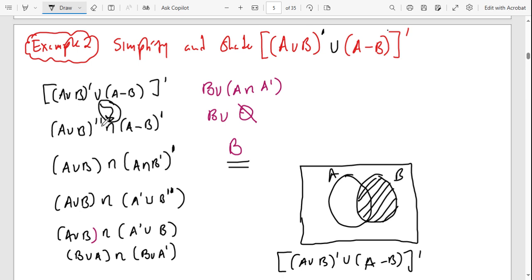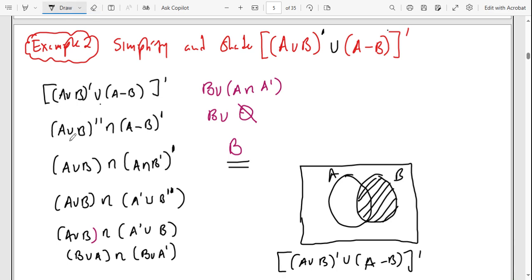Where exactly are you mentioning, sir? This one. That's okay. That's because we don't have any complement to distribute. Remember this, we had two complements, they cancelled themselves. So we didn't distribute any complement to the A and the B, which have been joined by a union. Do you get it?